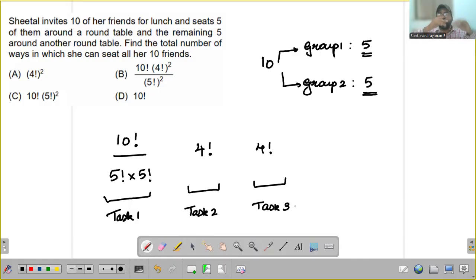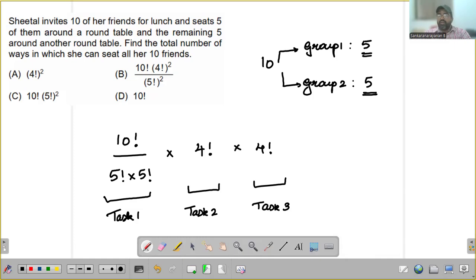Task 1 can be done in some number of ways, task 2 in another number of ways, and task 3 in another number of ways. The work is over only when you take care of segregating them into two groups and arranging the individual groups. So the total number of ways will be like this.